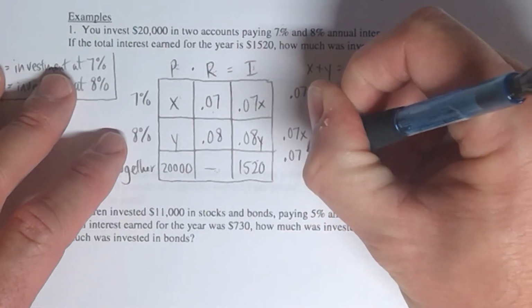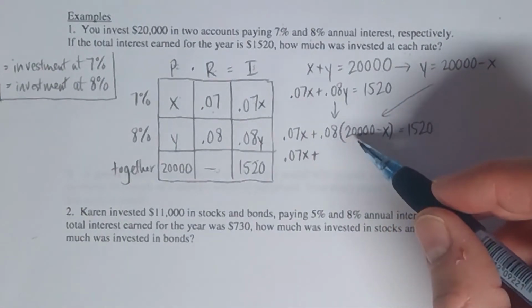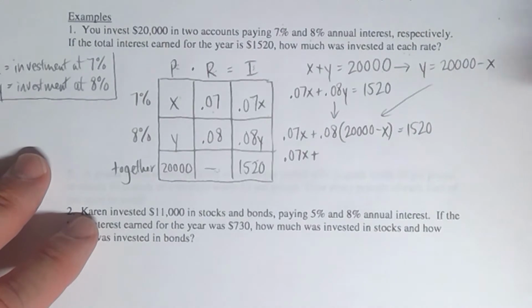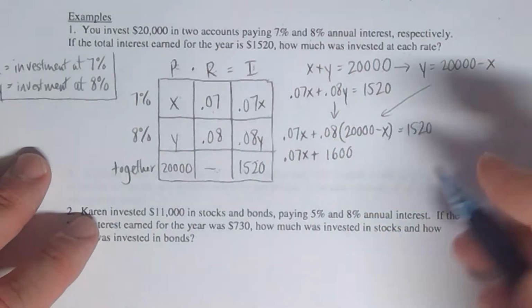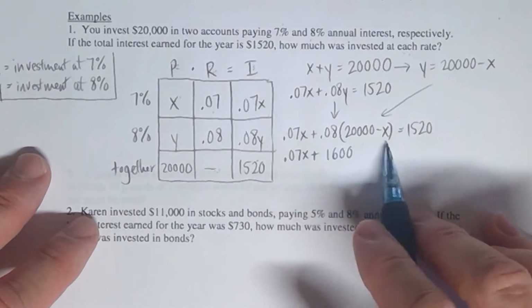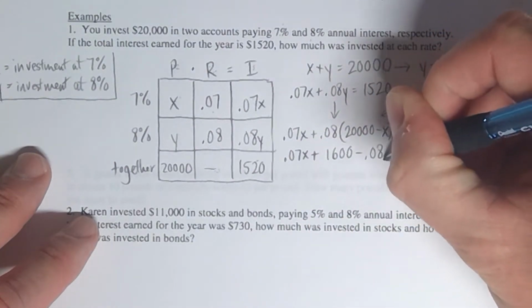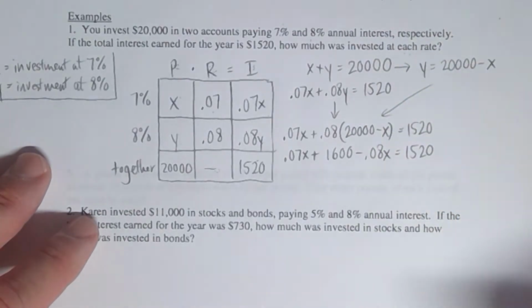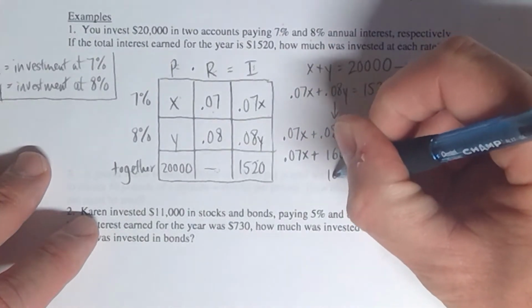Be very careful since we have decimals this time. Okay, we need to distribute the 0.08x. 0.08 times 20,000, pardon me, is equal to 1,600 on your calculator. I then distribute the 0.08 times negative x, and that's going to be negative 0.08x. All right. And then after that, we're going to combine like terms.